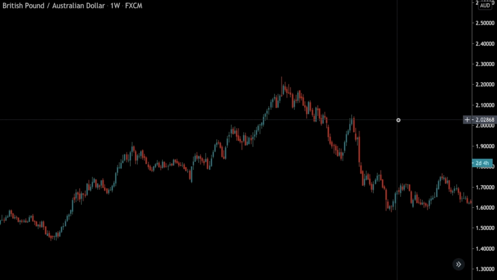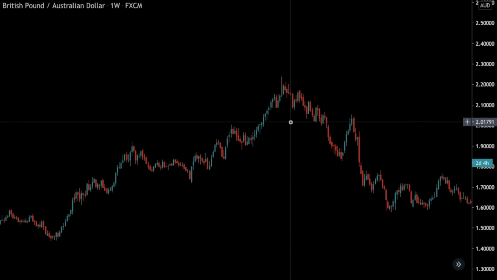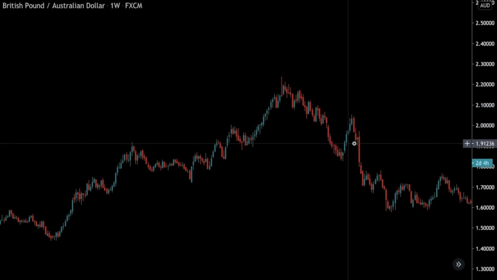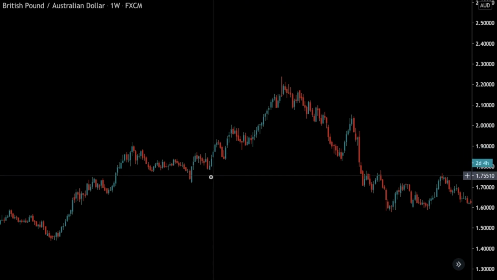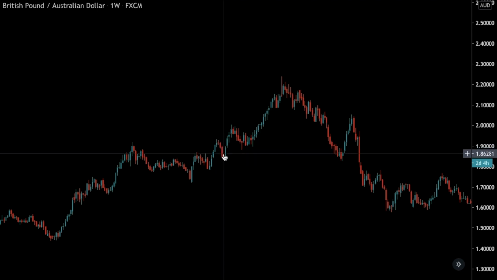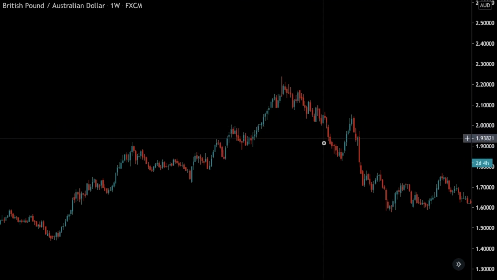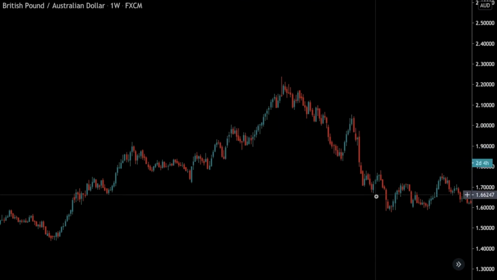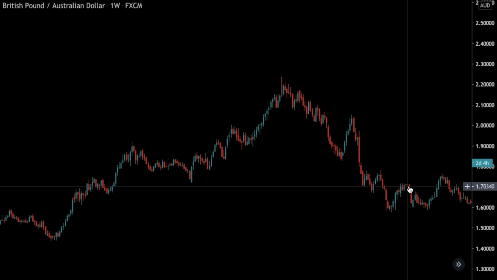You can go through those and see how I layer other forms of technical analysis, trend lines, horizontal lines, EMAs, Fibonacci, layering in other forms of technical analysis, but with this as the fundamental knowledge of what price should be doing at any one point in time.